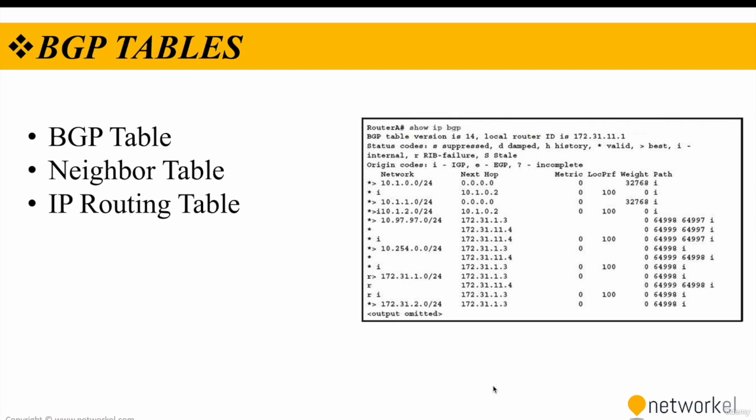It tracks the status of BGP connections with other AS. And the routing table, the main routing table used by the router for packet forwarding, as you know. So it contains the best paths to destinations based on various routing protocols, including BGP, and determines where packets should be sent.